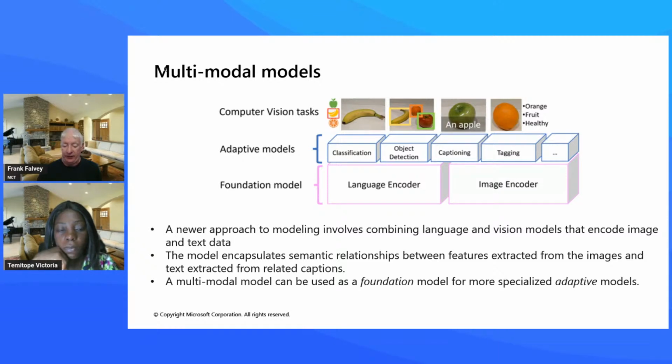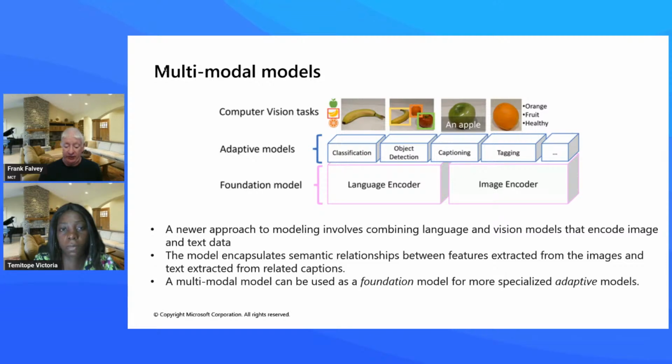Florence is an example of a foundational model, in other words, a pre-trained general model on which you can build multiple adaptive models for specialist tasks. For example, you can use Florence as a foundational model for adapting models to perform image classification.